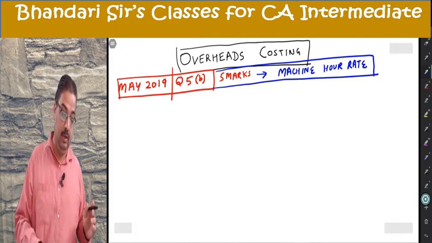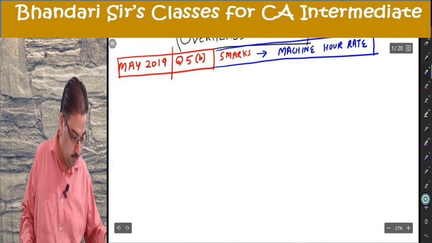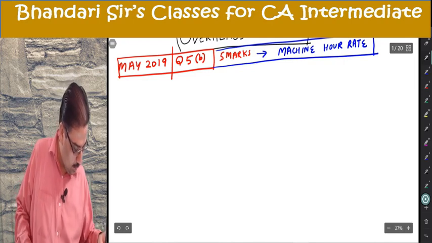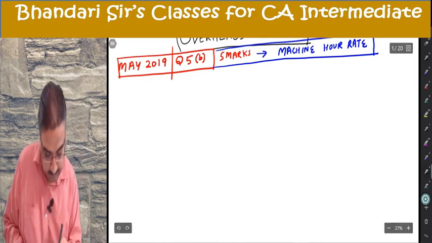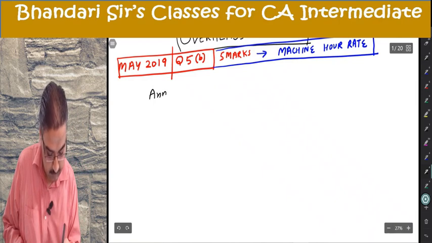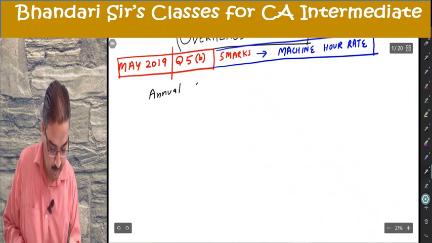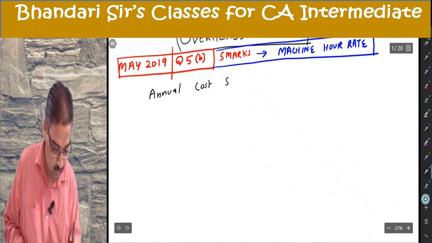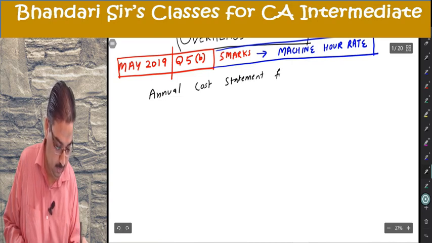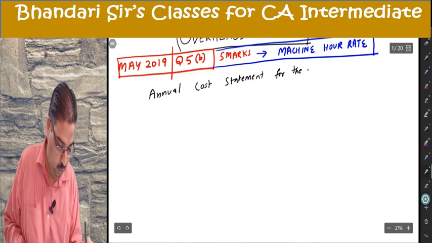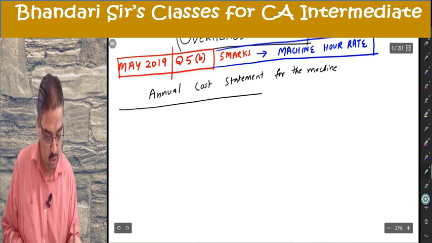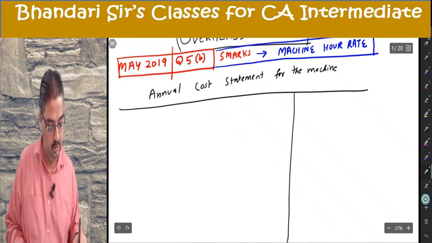So I am starting with the cost statement here. It's annual cost statement for the machine. There is no difficult format for this.